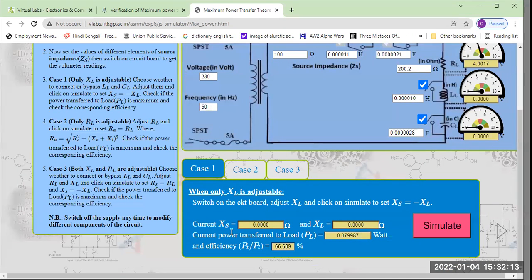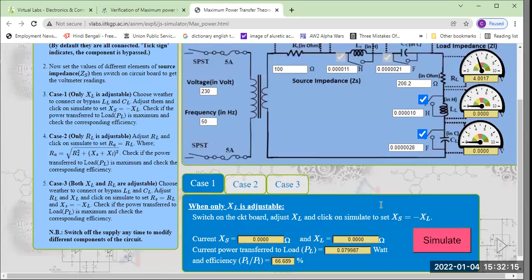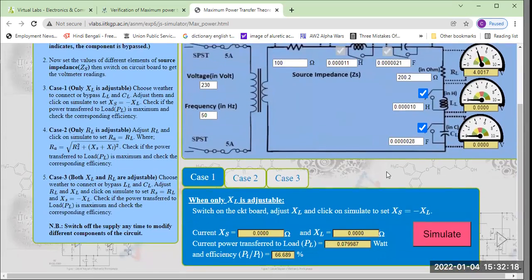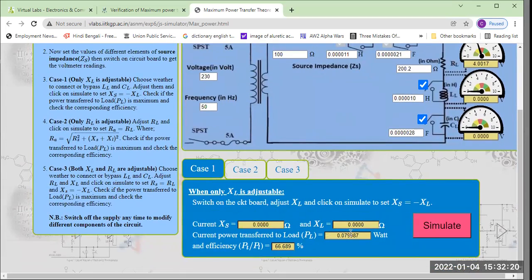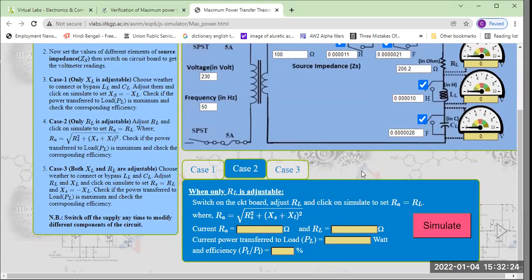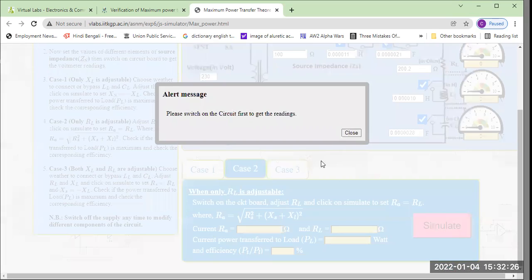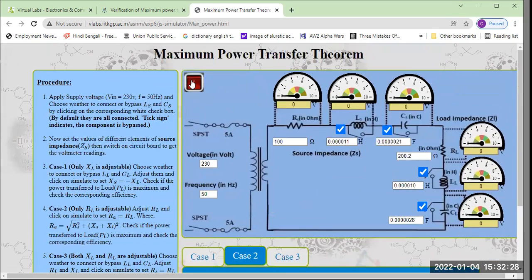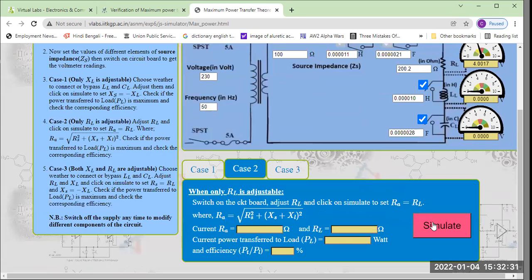You have to check only the wattage and efficiency, at which point we are getting the maximum power. Now if we apply this, you can see, if I simulate it, you have to close this. Look, RA is 100 and RL is 200, and the efficiency is 66%.